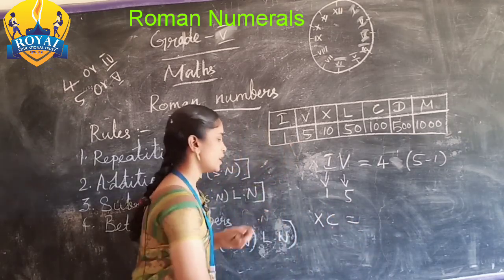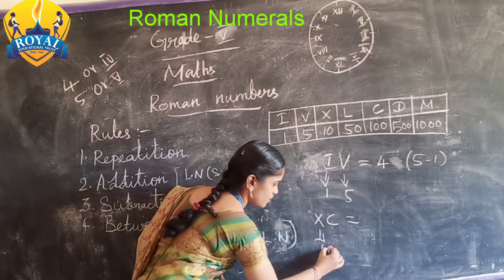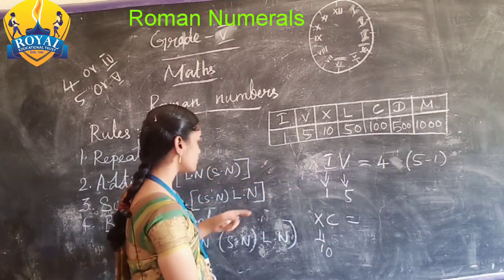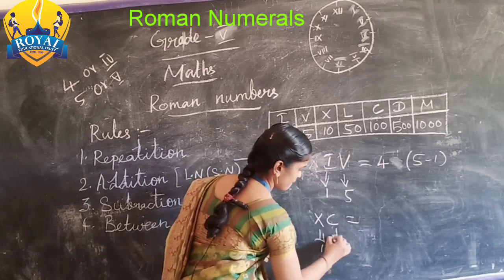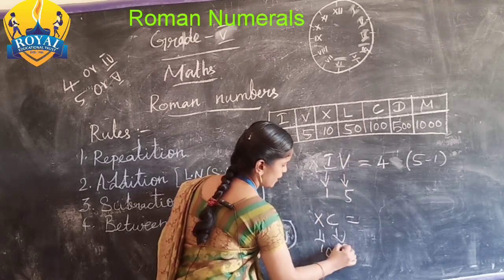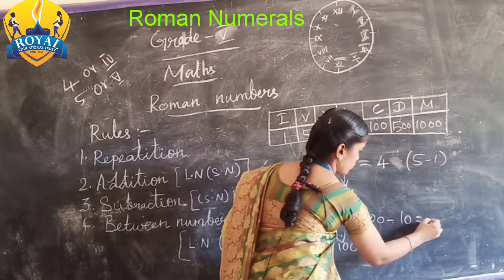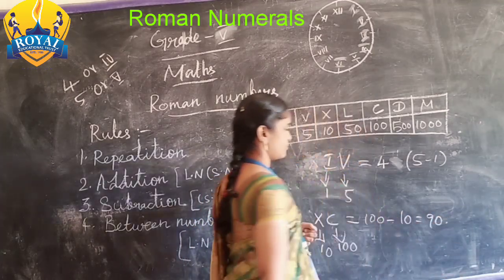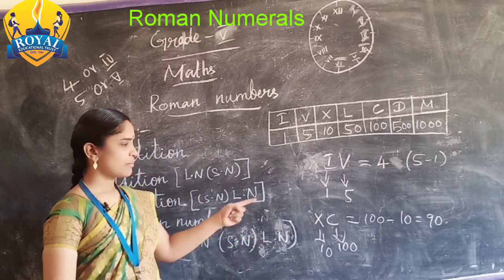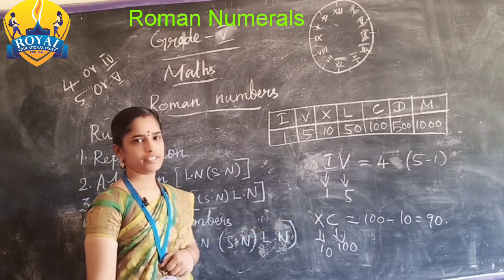Here X means 10 and C indicates 100, so 100 minus 10 is equal to 90.